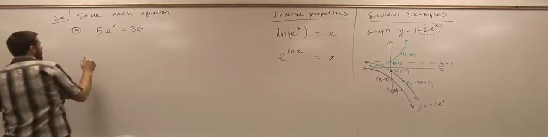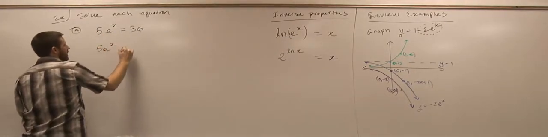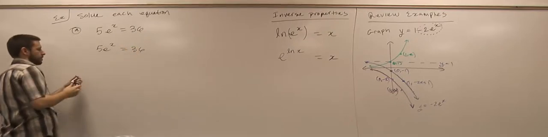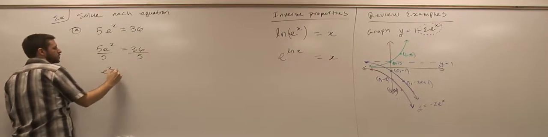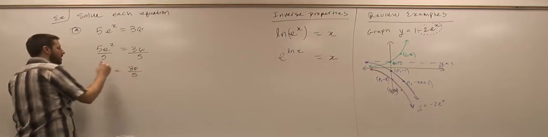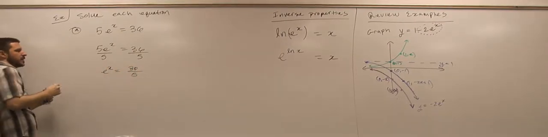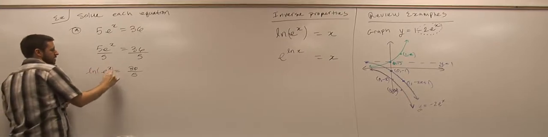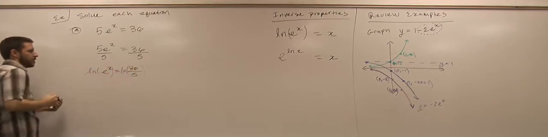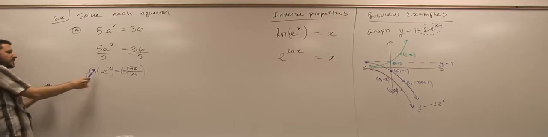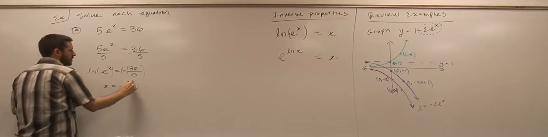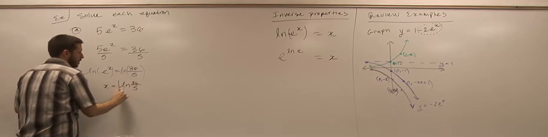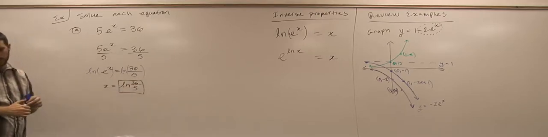So to solve this, you would start by dividing by 5. e to the x equals 36 over 5. Then to get rid of the e, hit it with a natural log. So the natural log of e cancels, leaving you with x equals ln of 36 over 5.